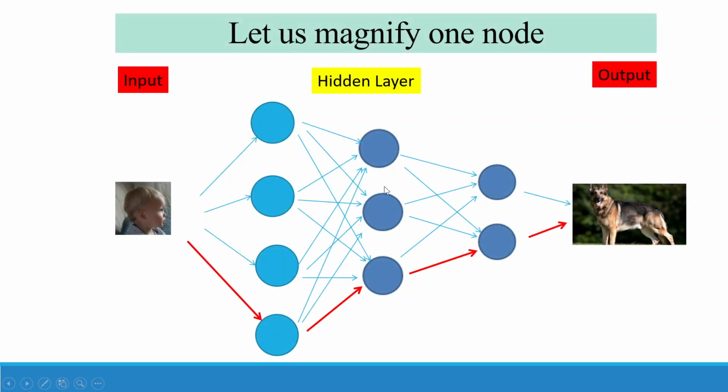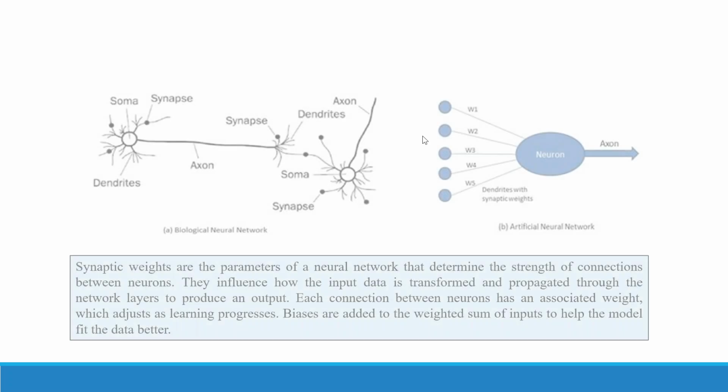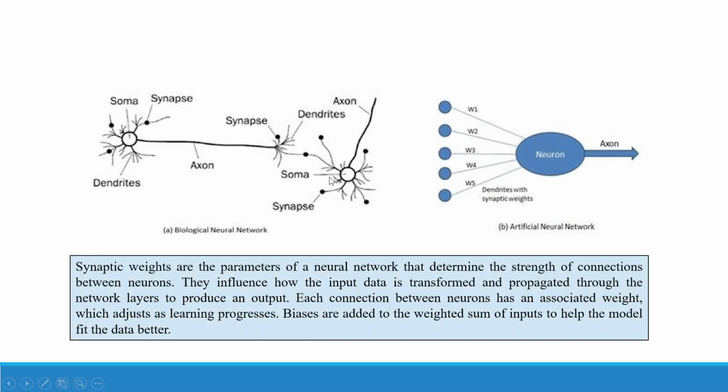Now let us magnify one node. So let us magnify one neuron. So we are having two analogies. This side is a biological neural network and this is the artificial neural network. Both of them are having dendrites with synaptic weights. So the neuron, axon, these are the weights W1, W2, W3, W4 and W5.